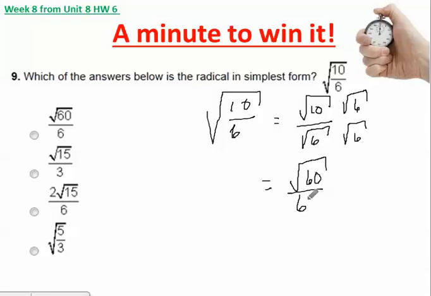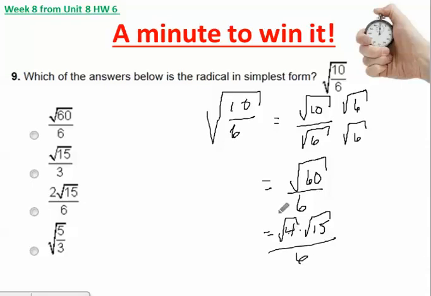Well, 60 is 5 times 12, or 4 times, let's see here, 15. Yeah, I think it is 4 times 15. That's equal to the square root of 4 times the square root of 15 divided by 6.